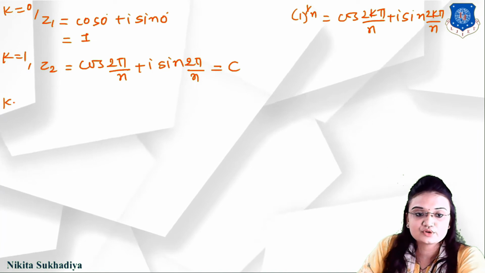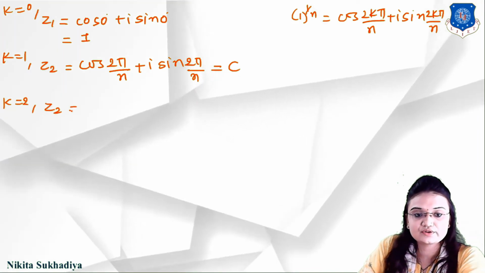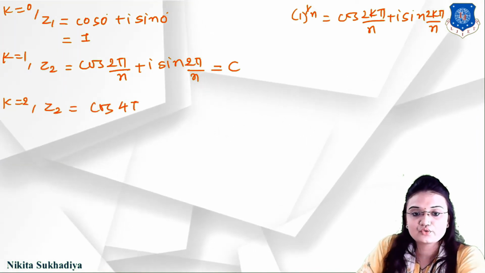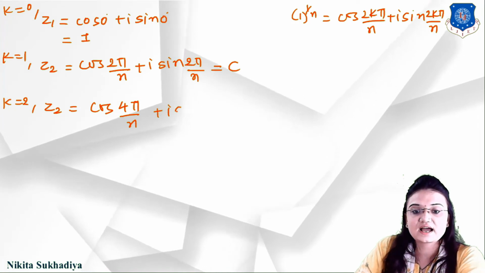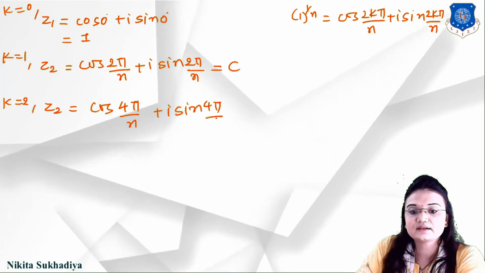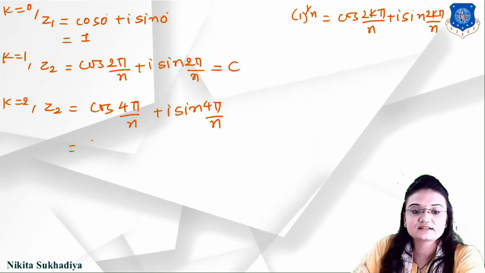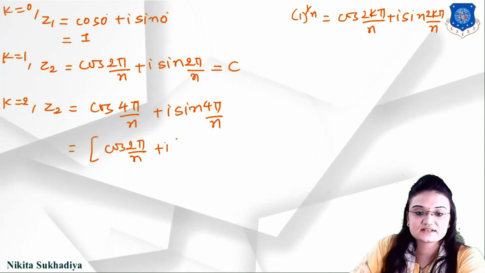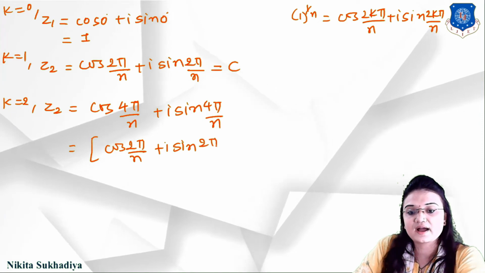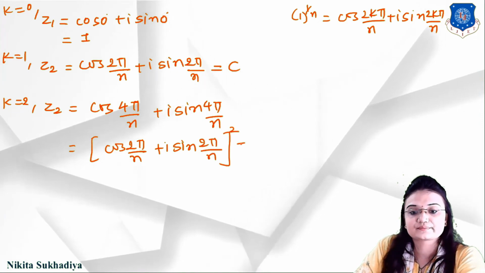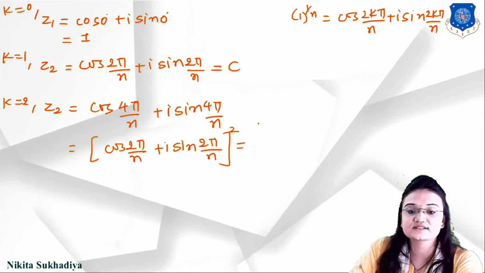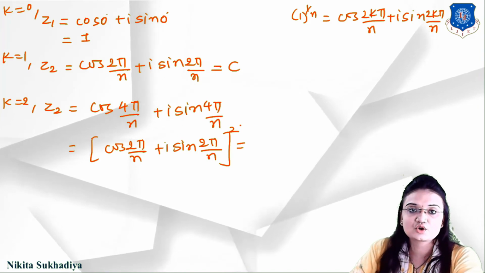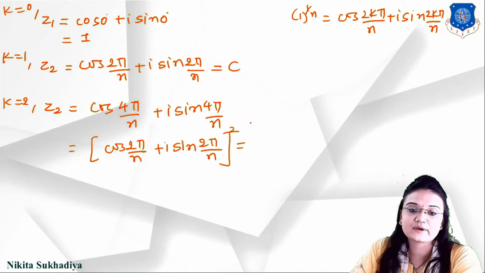Now put k equal to 2, so z3 will become cos 4π/n plus i sin 4π/n. We can write it like this: (cos 2π/n plus i sin 2π/n) squared, according to De Moivre's theorem, is cos 4π/n plus i sin 4π/n.